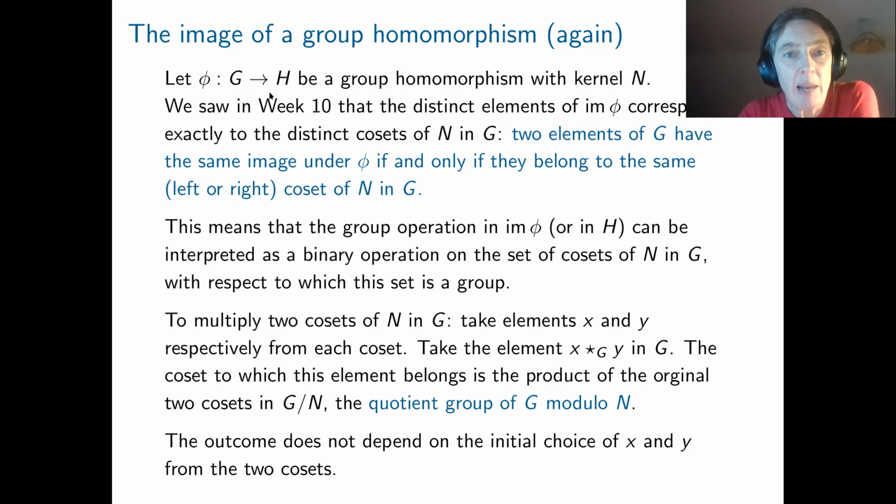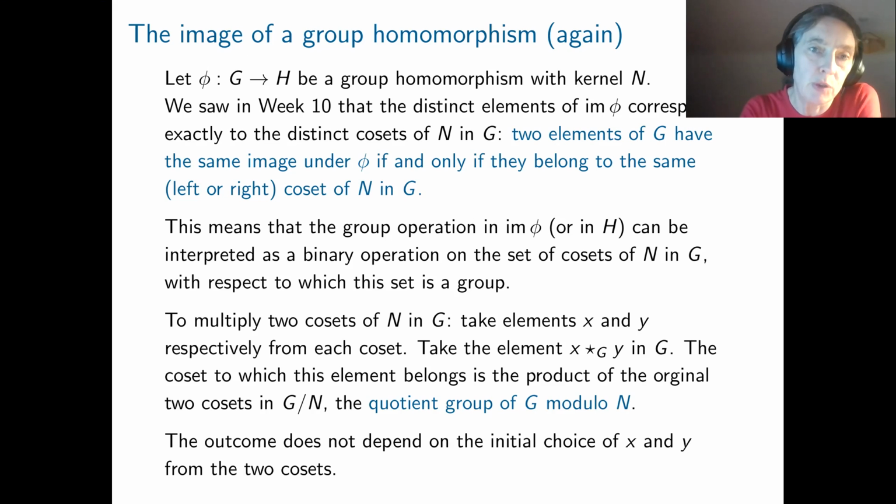So the distinct elements of the image of G over in H correspond exactly to the distinct cosets of N in G. So we have this correspondence between elements of the image of phi and cosets of the kernel in G. And using that correspondence, we can move back and forth between cosets of N in G on one hand and elements of the image of phi on the other.